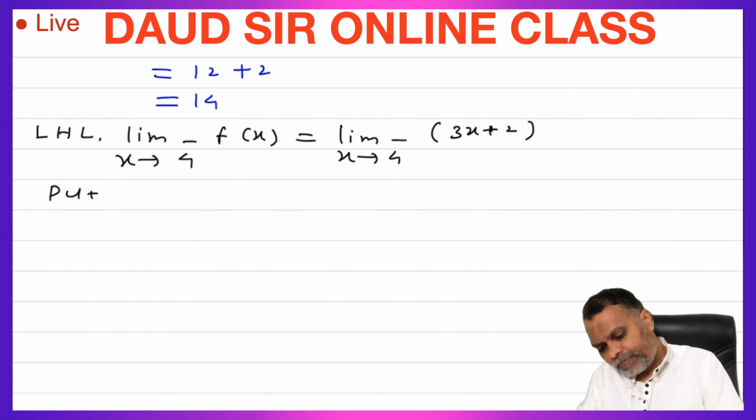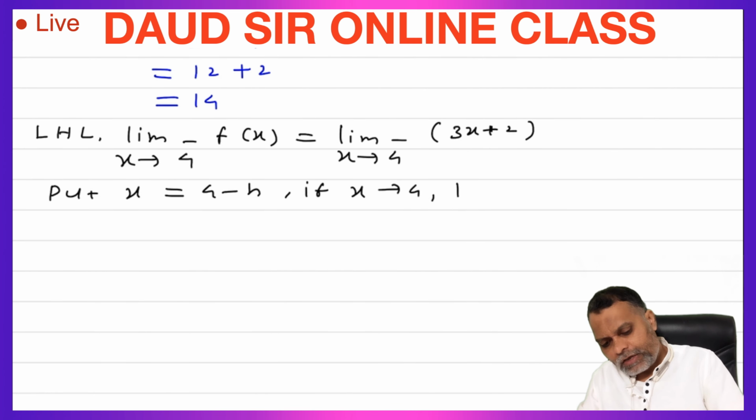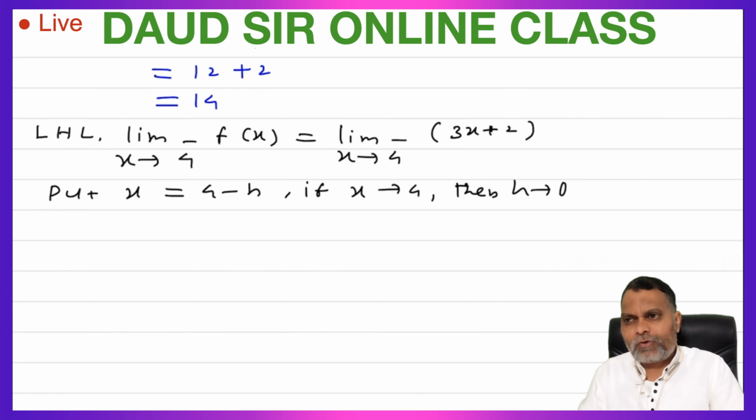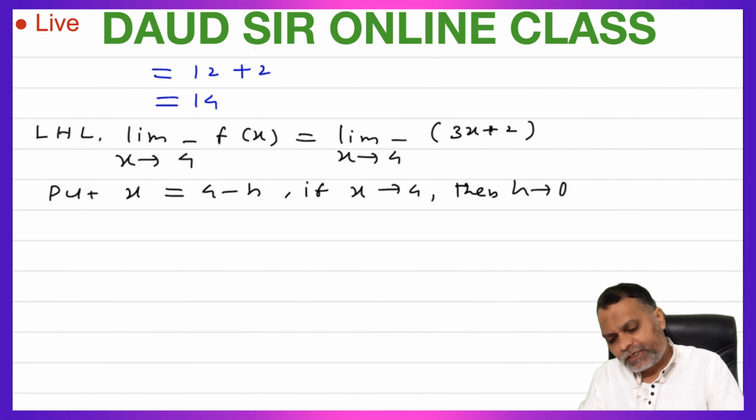Put x is equal to 4 minus h. Change: if x tends to 4, then h tends to 0. How? This 4 minus h, put here, 4 minus h tends to 4, 4 and 4 cancel, minus h tends to 0, that is h tends to 0.